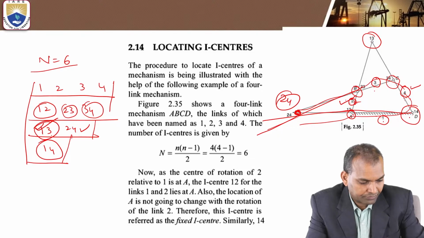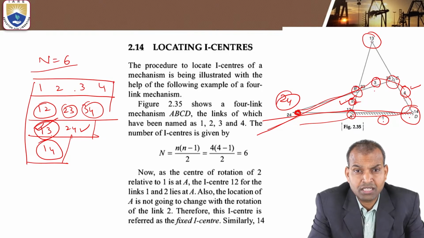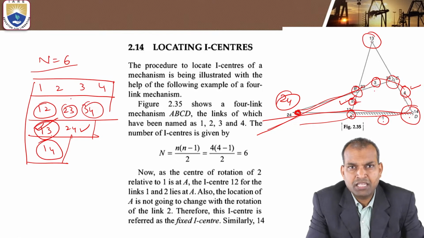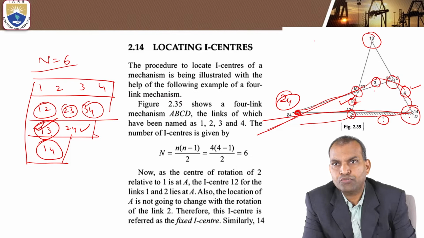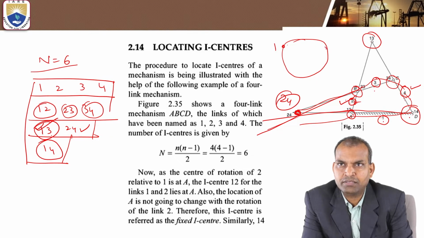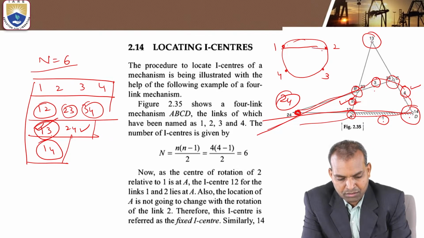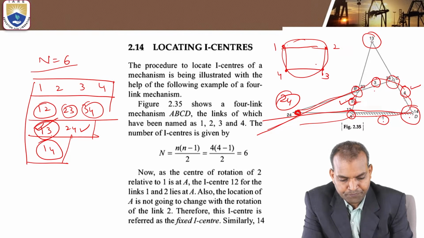Alright. We have to find out instantaneous centers in that manner. There is one more methodology. How we have to join, pay attention. There is a circle. Mark the links 1, 2, 3, 4 on the circle.